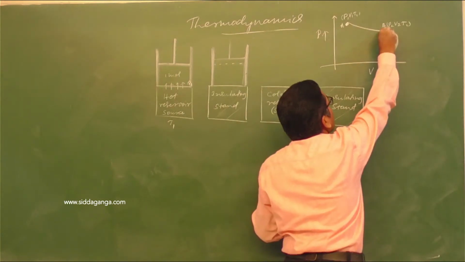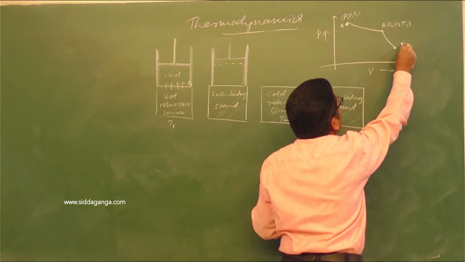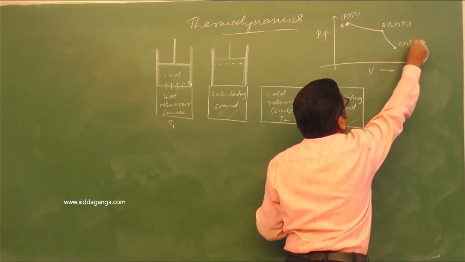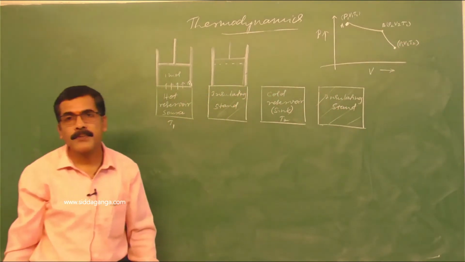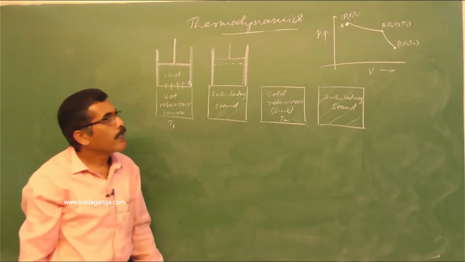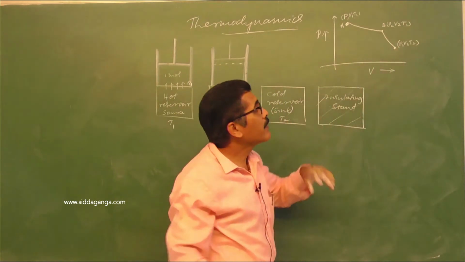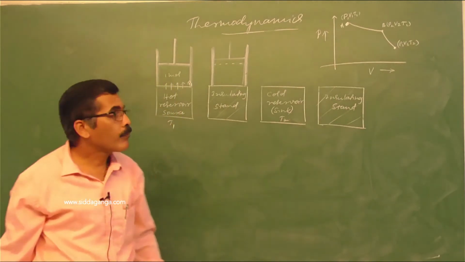Now its temperature decreased to T2, pressure P3, volume V3, temperature T2. Have you followed? There is a fall in temperature. Therefore, this is an adiabatic expansion.